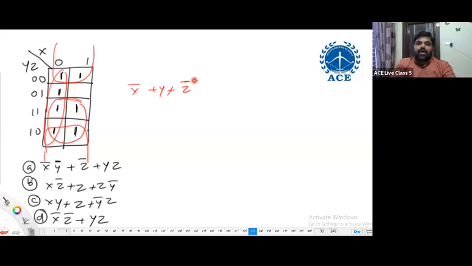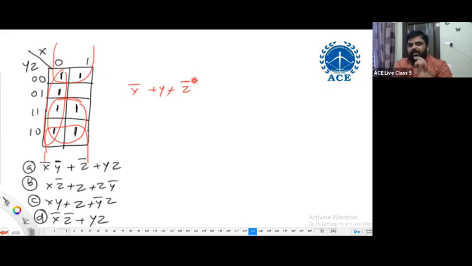Once again, when the question says function represented by, function equal to, minimized expression, minimum expression, other than minimal, there will be confusion because they may not be giving the minimal expression. They might have minimized to some extent, and there may be a possibility for further minimization. How they minimized, we don't know. Instead, we can go with verification. Whichever expression is functionally equal to the given K-map is the correct answer.